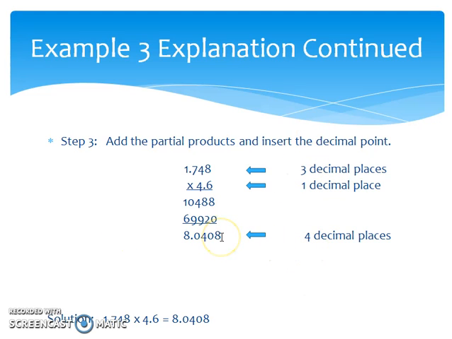I'm going to start here behind the 8, and I'm going to count over 1, 2, 3, 4, and I'm going to put my decimal in between the 8 and the 0. And the answer to our problem is 8 and 408 ten thousandths.